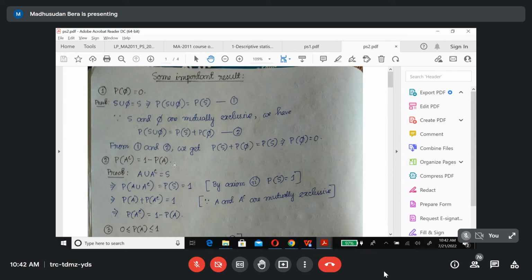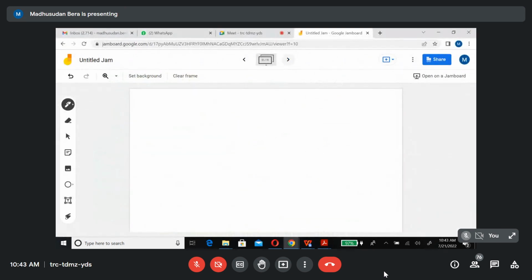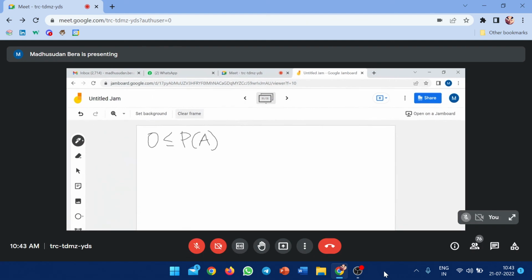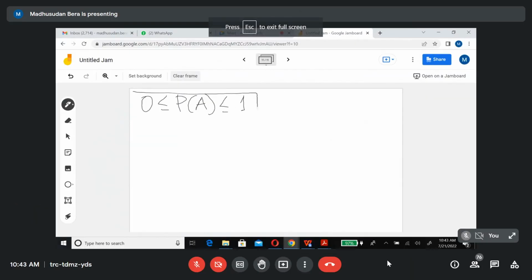One more thing I will do. The third property is that probability always lies between 0 and 1: 0 less than or equal to probability of A less than or equal to 1. So how do you prove this?